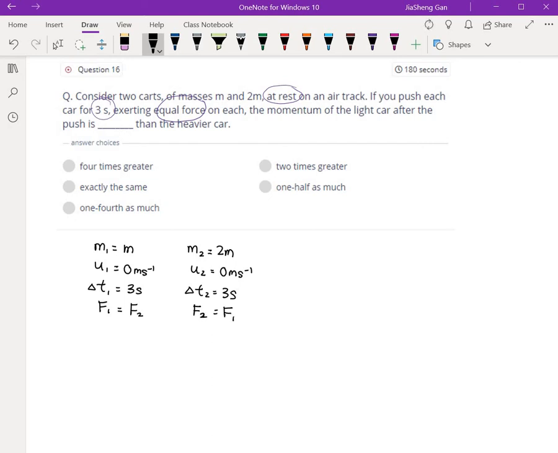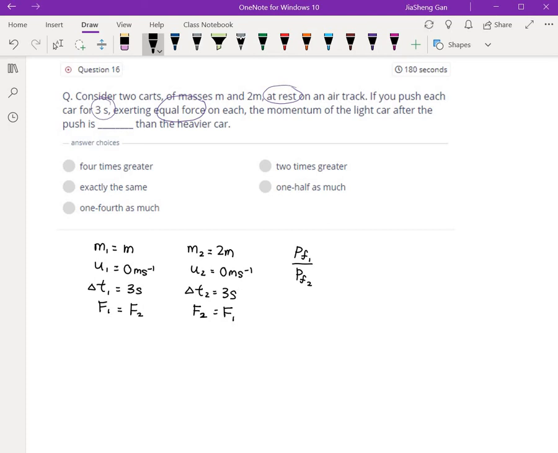Okay, so they are asking for the momentum of the light car after the push compared to the heavy car. So what we want to know is the PF of the light car. The light car is 1, right? Compare to the momentum final of the second car.